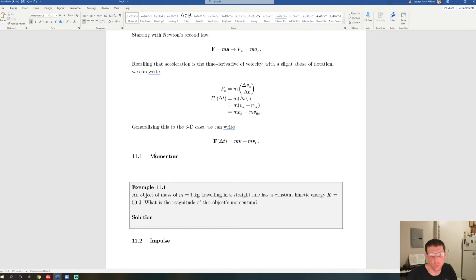And let me just write linear here because we will talk about angular momentum in a little bit. Not in this video, but probably in a few down the line.